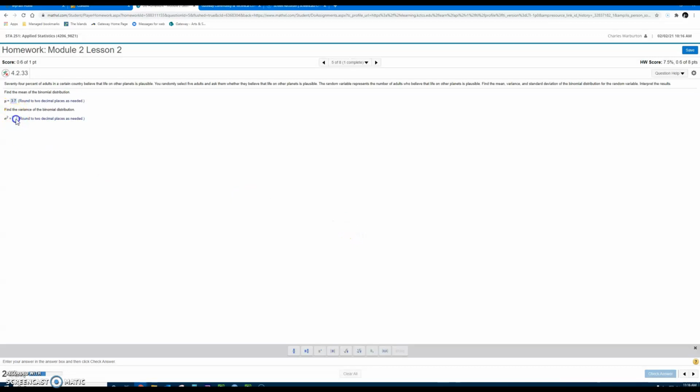Next, they ask for the variance. The variance is the number of trials, or in this case, the number of people, times the probability of success, times the probability of failure. We'll notate the probability of failure with Q. So in this case, the number of people that we asked is 5, times the probability of success, 0.74, times the probability of failure, which we learned was 100% minus 74%, that ended up being 26%, or 0.26.